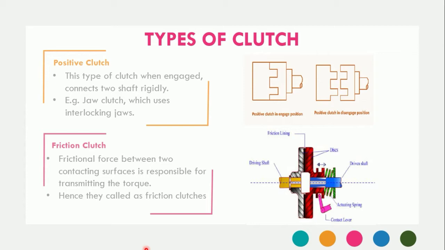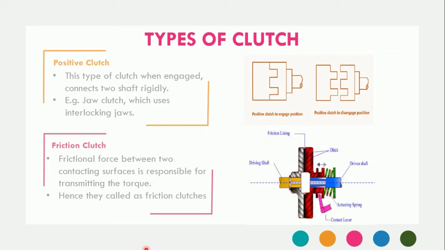If we do not require power transmission, we simply disconnect them by unlocking the jaws from one another. This is the simple, rigid way to connect two shafts rigidly. You find its application mostly in industry.